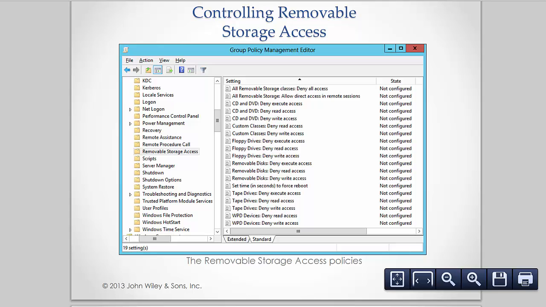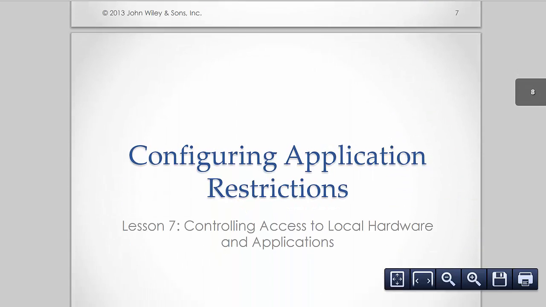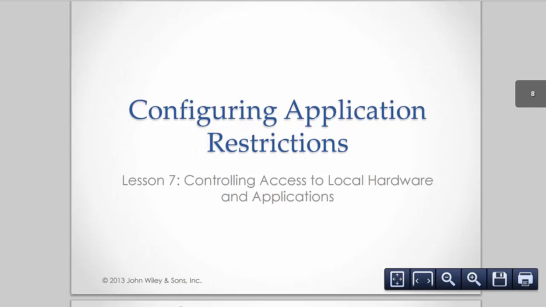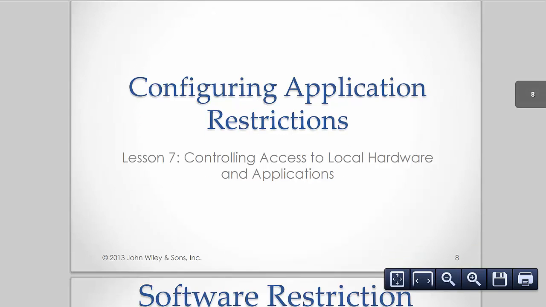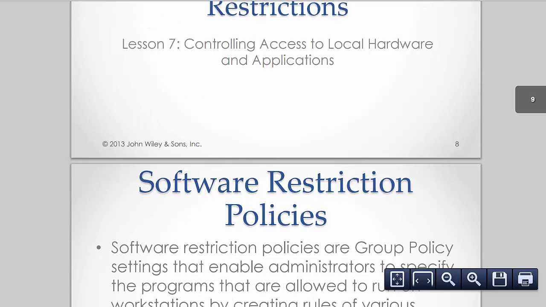By configuring the deny write access, we essentially take away the computer's ability for a user to put in a writable CD, for example, and copy data that we don't want them to take off of our network.